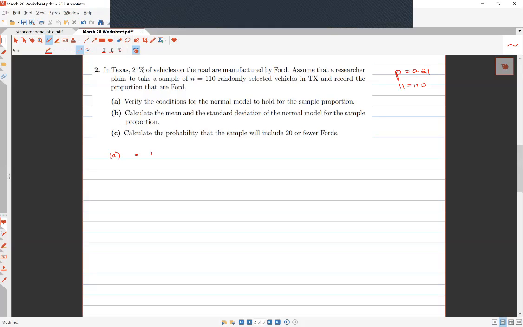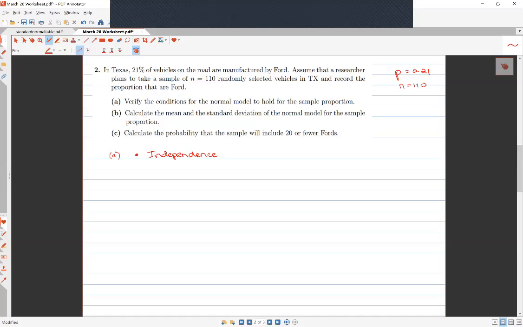The first condition is independence. You want to either verify or state clearly that you are assuming all the vehicles in your sample are independent of one another.